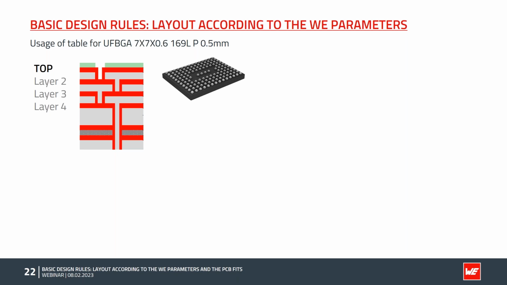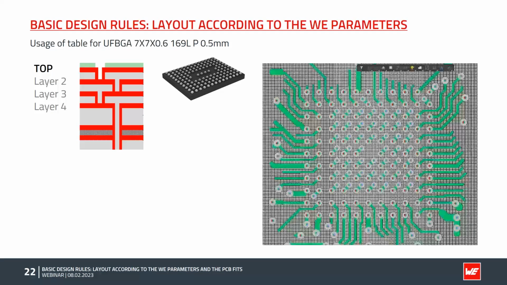These values are also usable for HDI technology, and especially in this case we have a flex-rigid board with HDI in combination, and we've got an ultra-fine BGA with 0.5 millimeter pitch, and this is the top layer design.